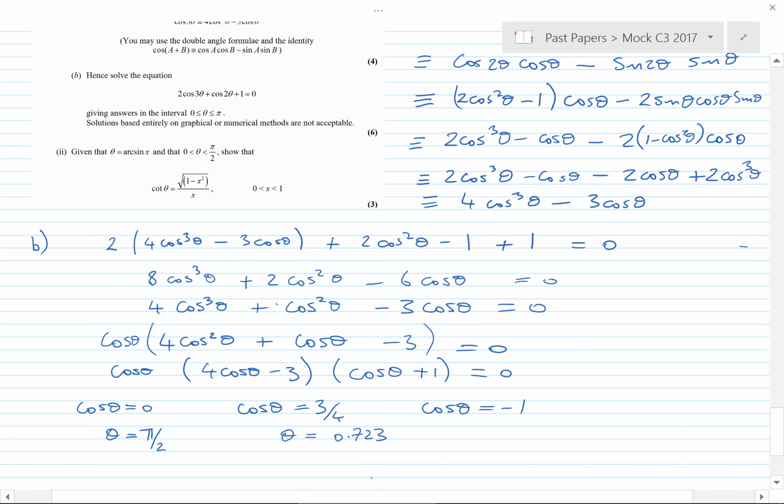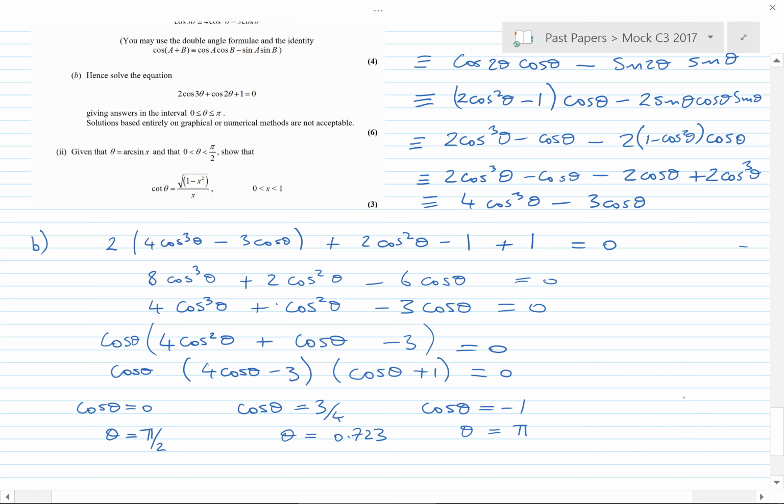And this one here, cos theta equals minus 1, gives us theta equals pi. You can see that because the cos graph goes to 0 at one point, and minus 1 at pi. So yeah, those are our 3 solutions, and there are no others.